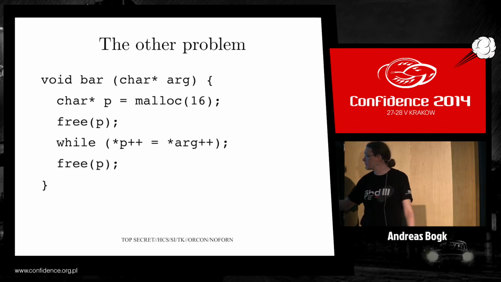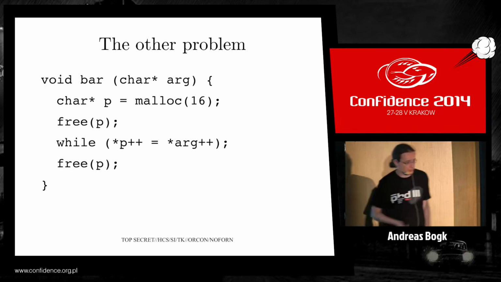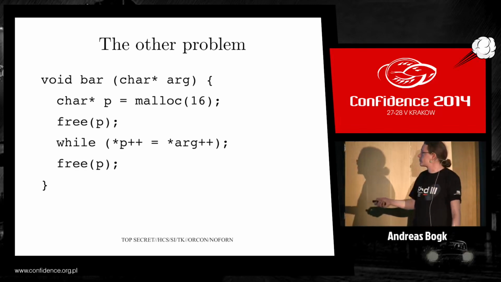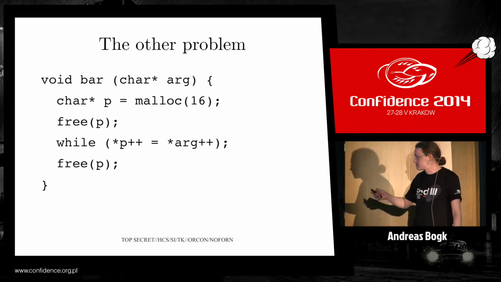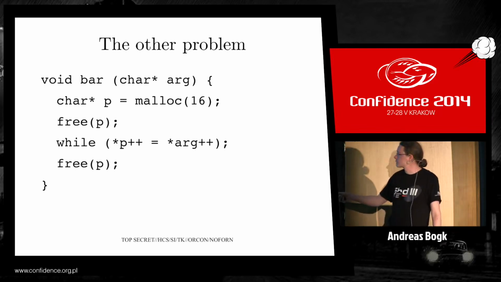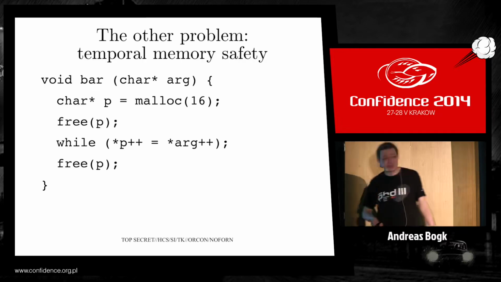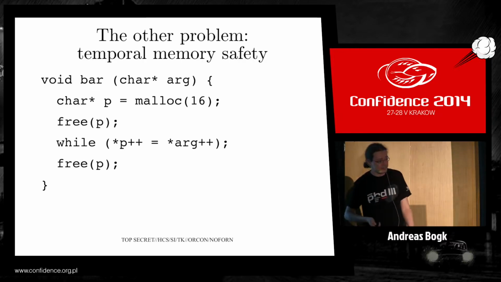Same for that second free. That's also wrong, because it's a double free. Double free vulnerability can be exploited. This problem is different because you're accessing the right memory, right? You're not actually overflowing anything, you're just accessing memory at the wrong time. So science called that temporal memory safety.